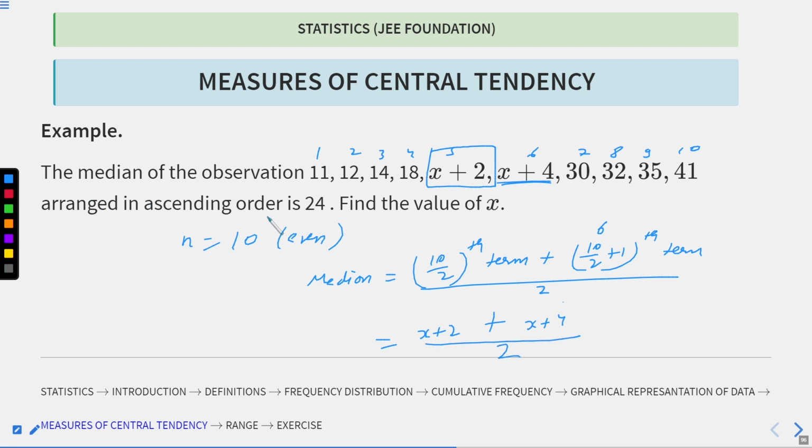The median is already given to me as 24.